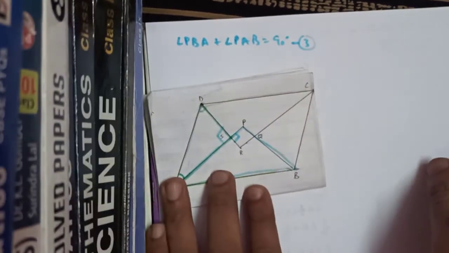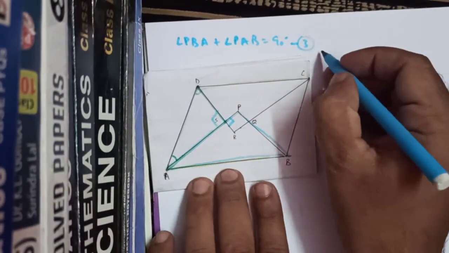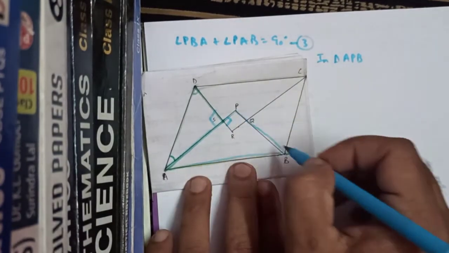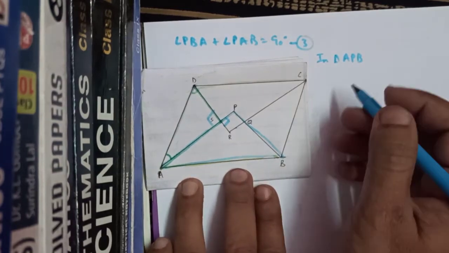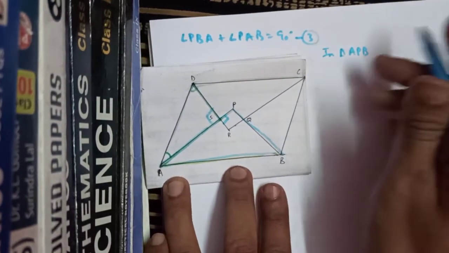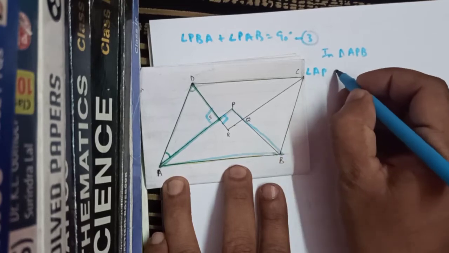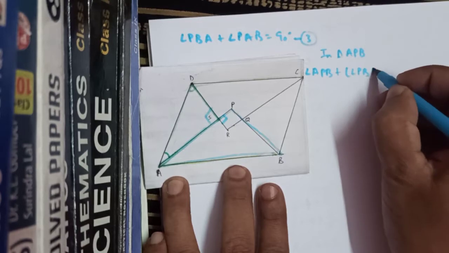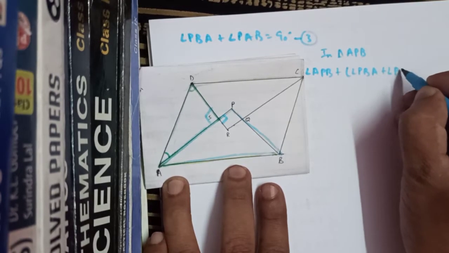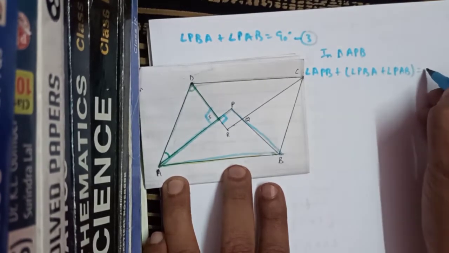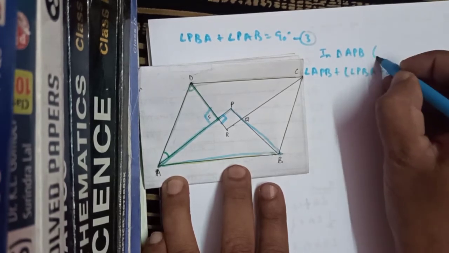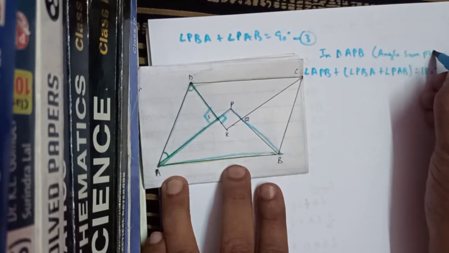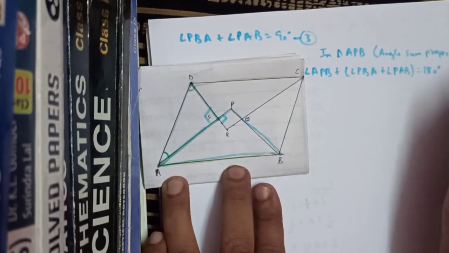Now in triangle APB, angle APB plus angle PBA plus angle PAB equals 180 degrees by the angle sum property of a triangle.